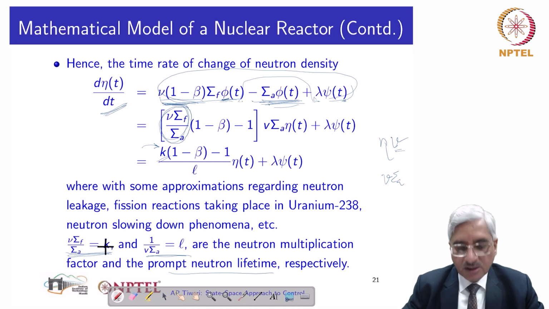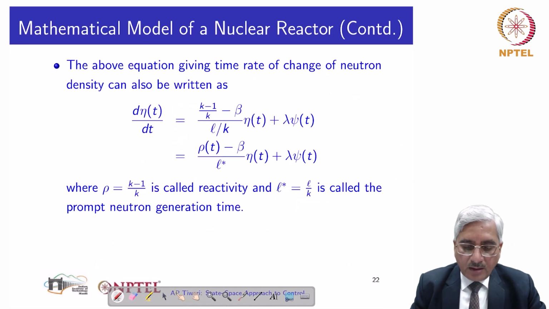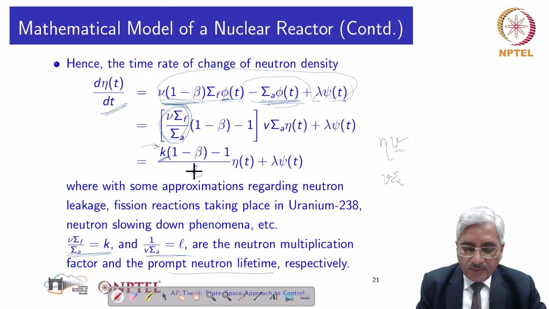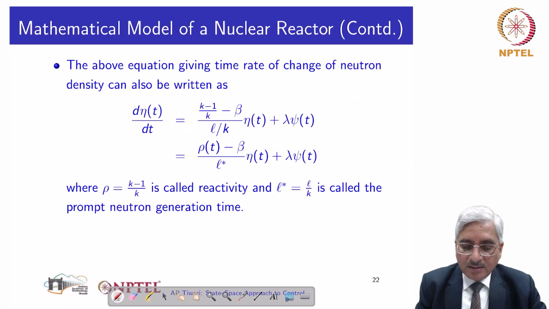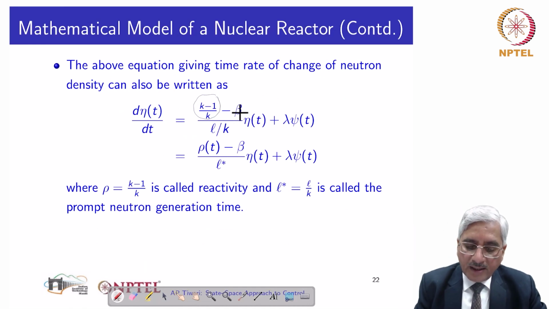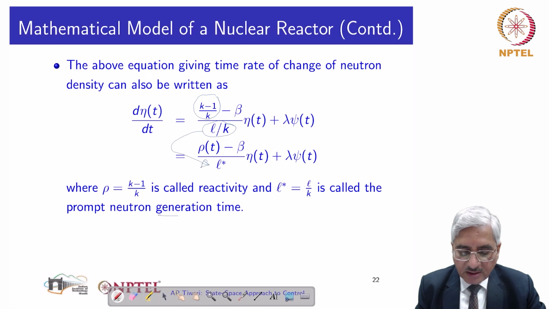In fact, we will not use these expressions. We assume that K is known and L is known. So it comes into this form, and with slightly more manipulation, we divide by K, and so we get (K minus 1) divided by K, and minus beta K, that gets rearranged like this, and we get (K minus 1) by K minus beta, divided by L by K. L by K is now called the prompt neutron generation time.